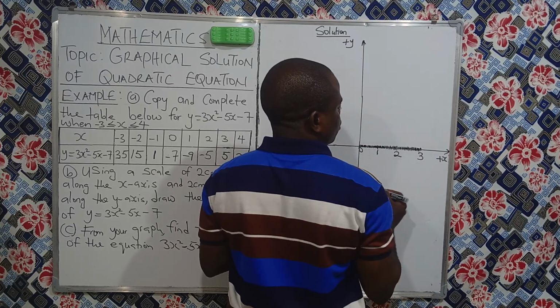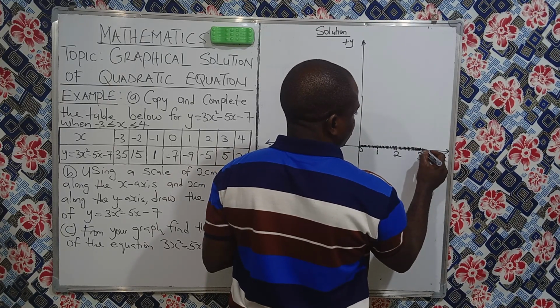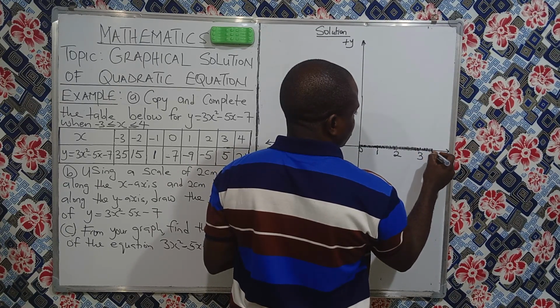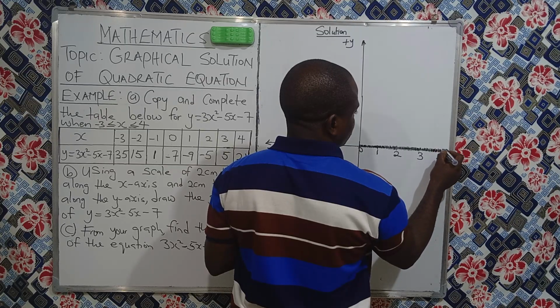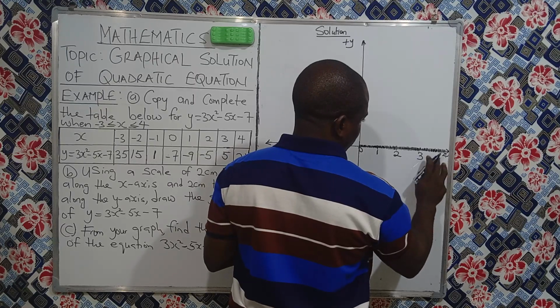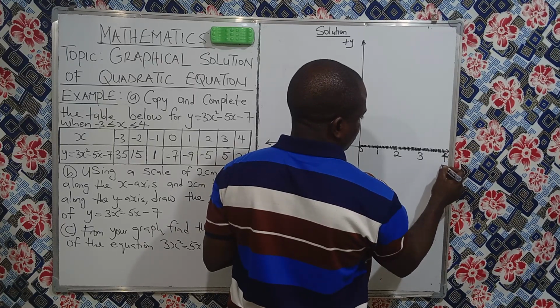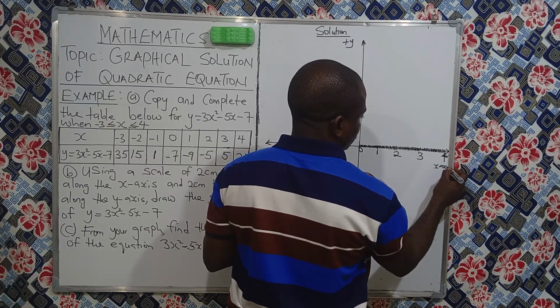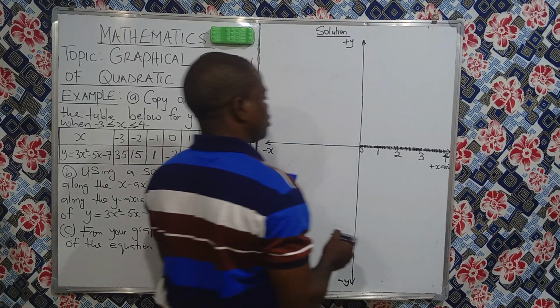That's 2 units. Then another 20 for 3, and another 20, that's the fourth. That's the positive x-axis.